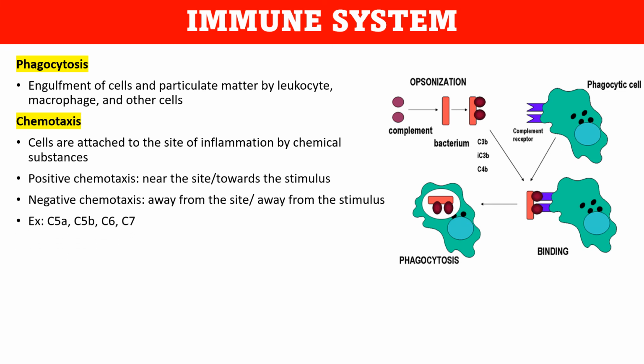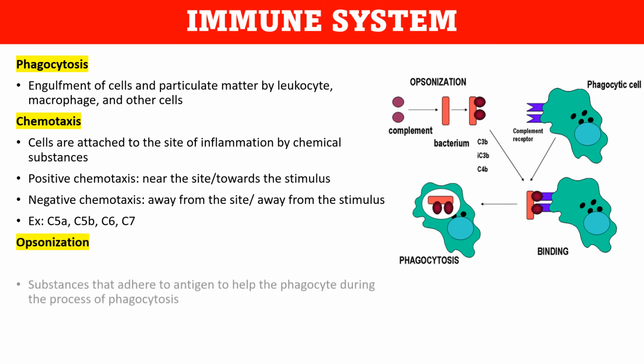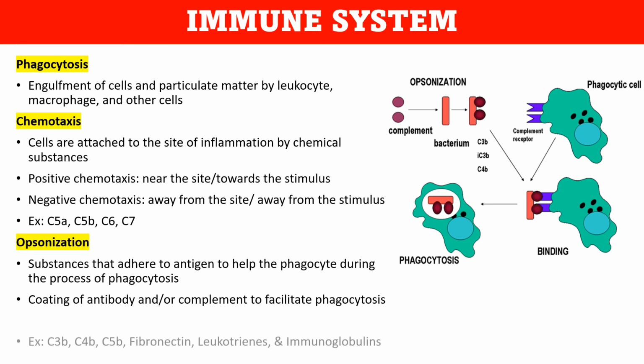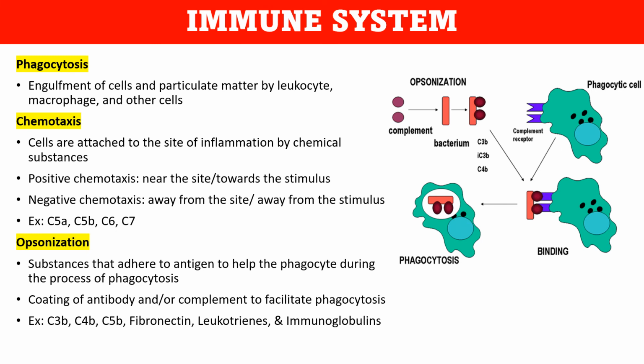For example, C5a, C5b, C6, and C7. Opsonization is a substance that adheres to the antigen to help the phagocyte during phagocytosis, coating with antibody and or complement to facilitate phagocytosis. For example, C3b, C4b, C5b, fibronectin, and immunoglobulin.